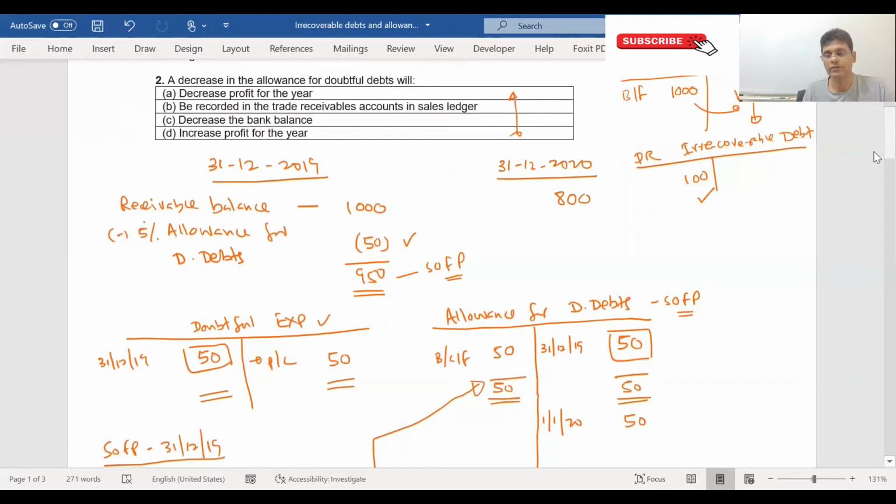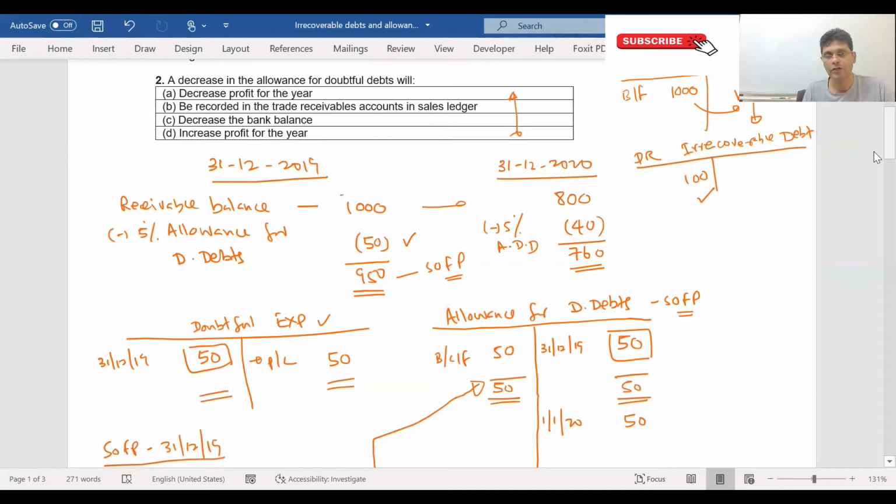So as of 31st December 2020, our receivable balance has reduced to 800 and we have made a provision of 5% allowance for doubtful debts. 5% on 800, let's say 40. Okay, so therefore our receivable balance should be how much? 760.